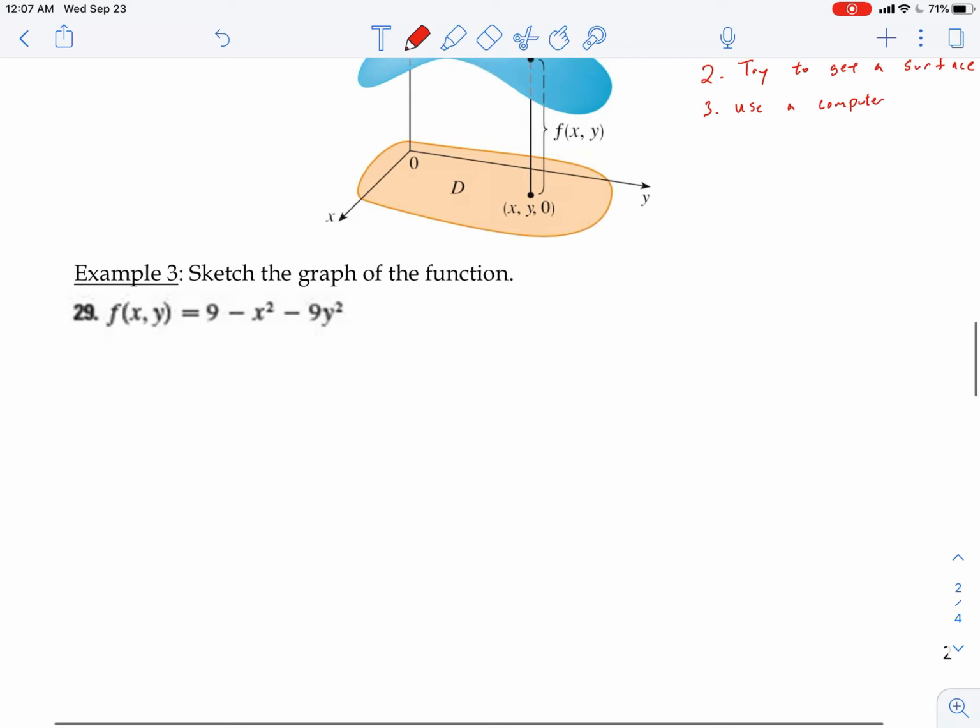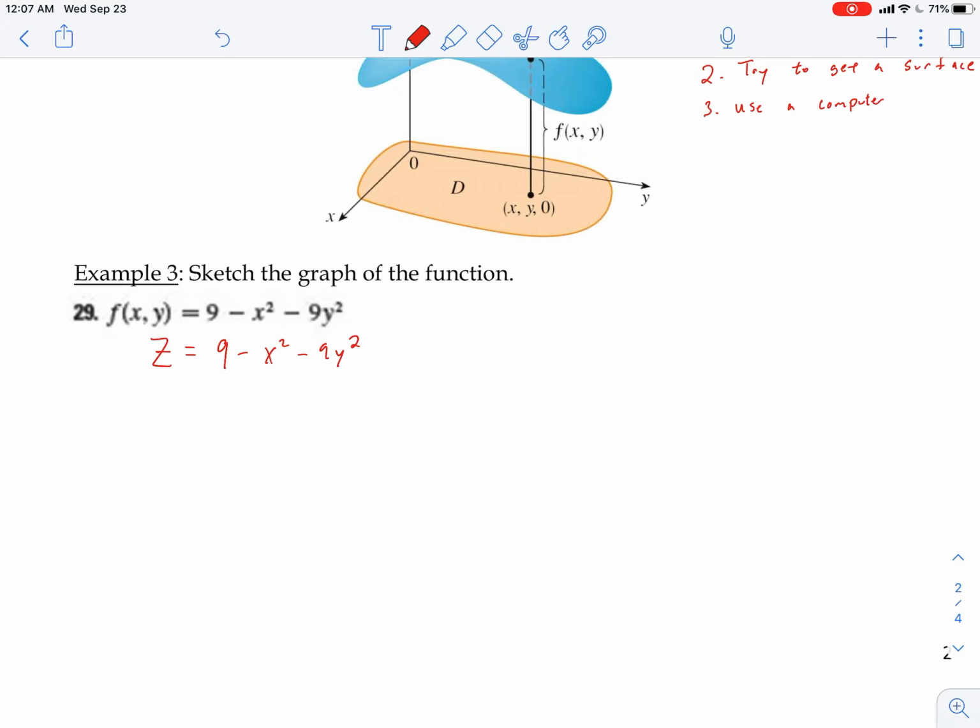So here we're going to sketch the graph of a function of two independent variables, x and y. The first thing we do is say z is equal to 9 minus x squared minus 9y squared.